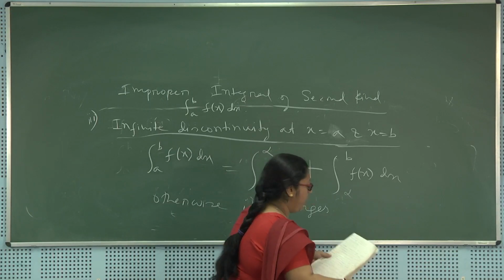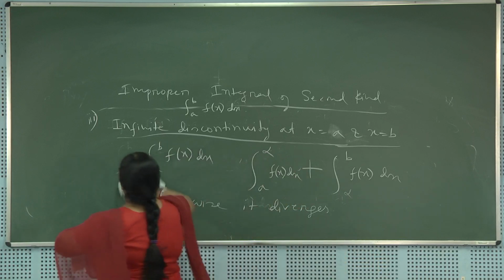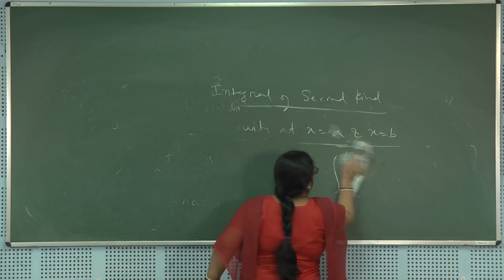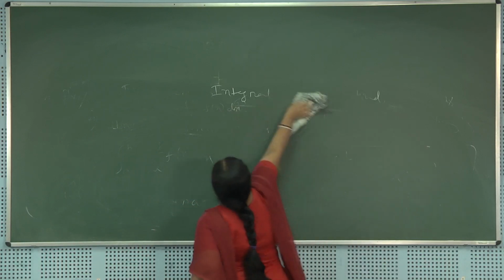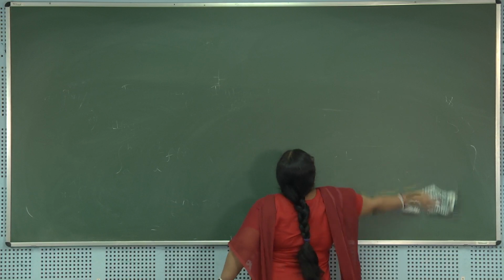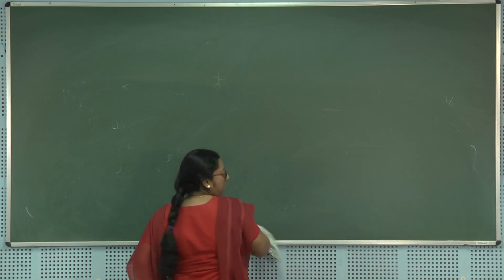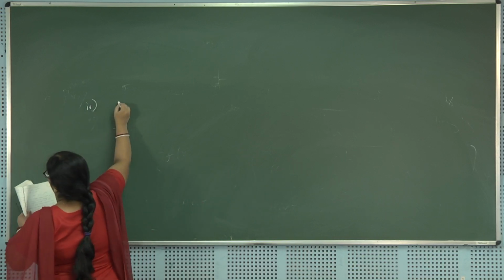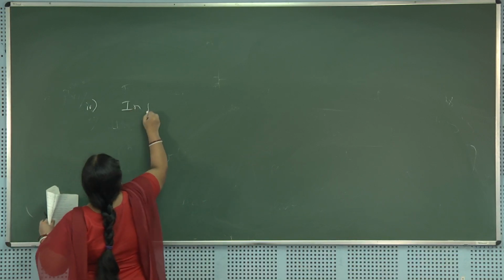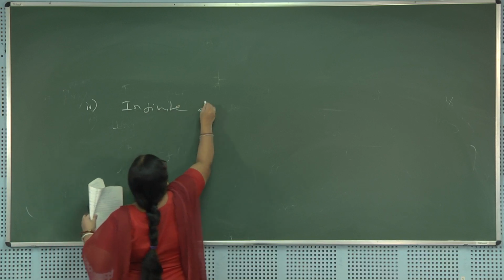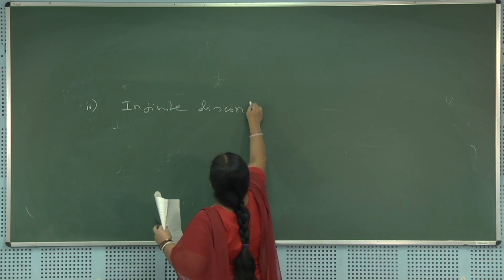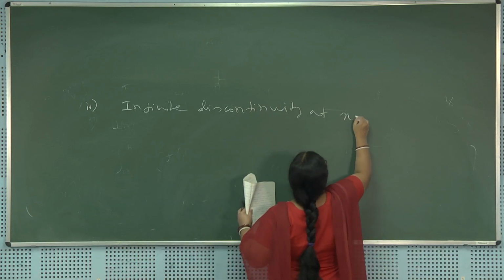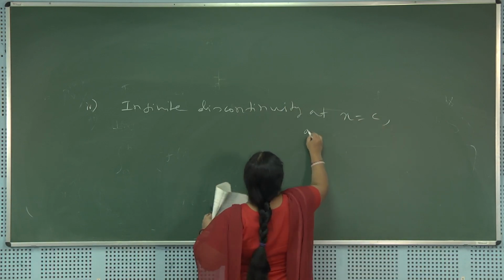Next, the fourth case, that is the infinite discontinuity at an interior point x equal to c, where a less than c less than b.